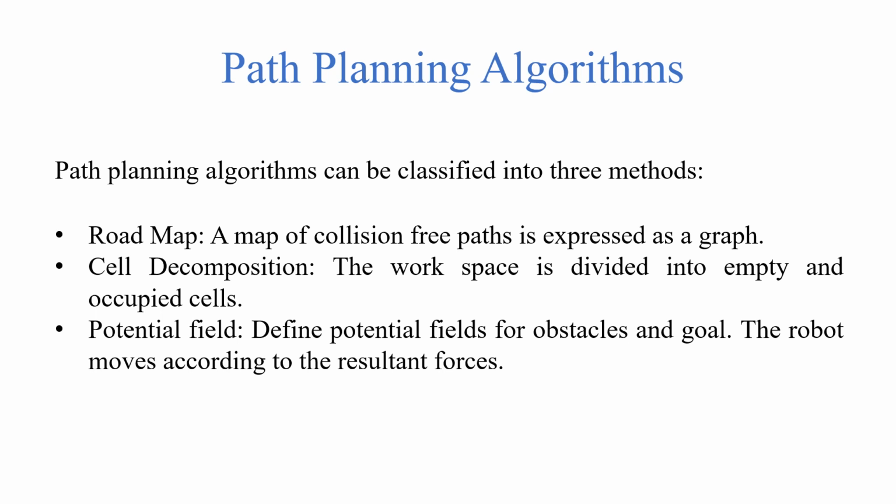A quick introduction to path planning algorithms: they're usually classified into three different methods. The first one is called the roadmap, in which we try to approximate the robot's free configuration space using a graph. And then we plan a path on this graph of free space configurations. The second one is cell decomposition.